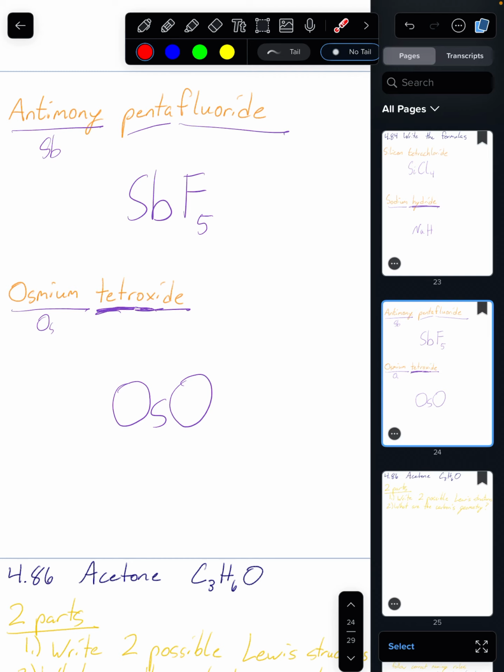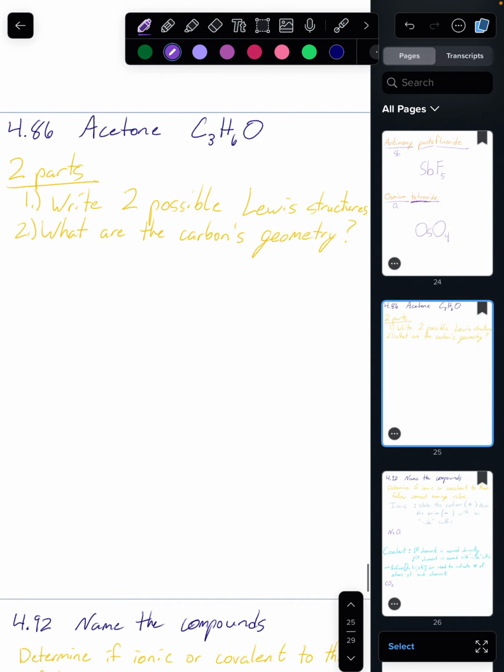And so it's just the T-E-T-R instead of the T-E-T-R-A because of this vowel. So this is 4 in this case. Okay.